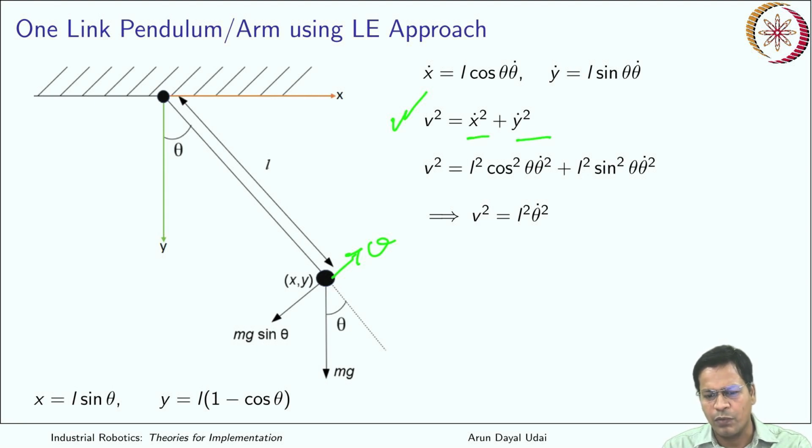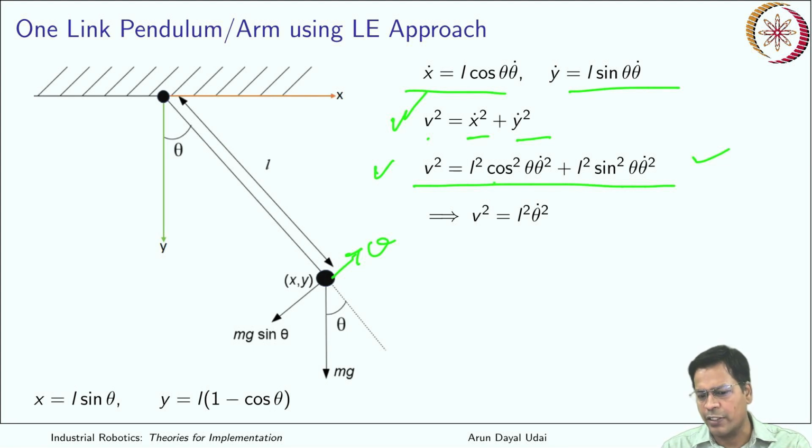Cos square theta plus sin square theta is equal to 1, so effectively v square is equal to L square theta dot square. You can reach here directly also: v is equal to r omega. Our radius over here is L, omega is theta dot.